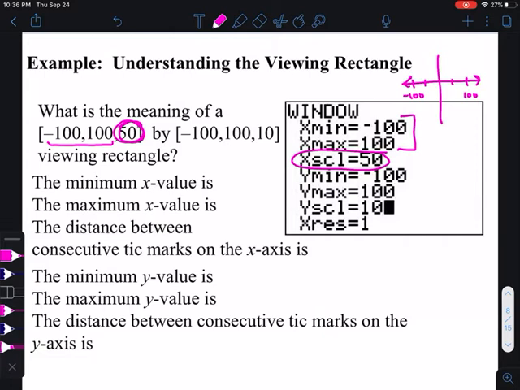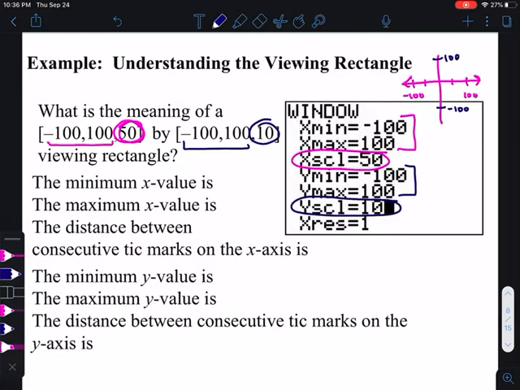If I have this other negative 100 to 100, that's going to talk about my Y value. That's going from a minimum of a negative 100 to a positive 100. And this one says we have a Y scale of 10.